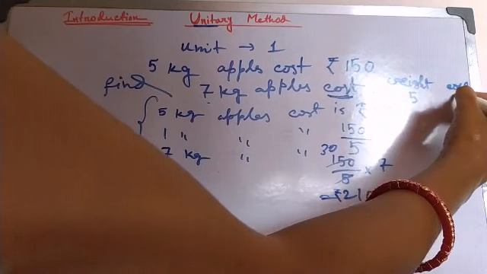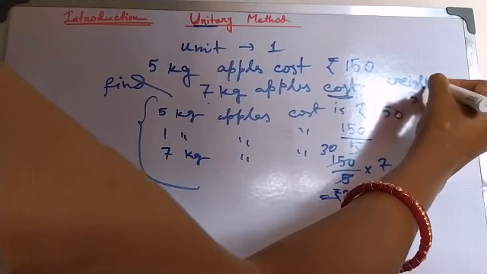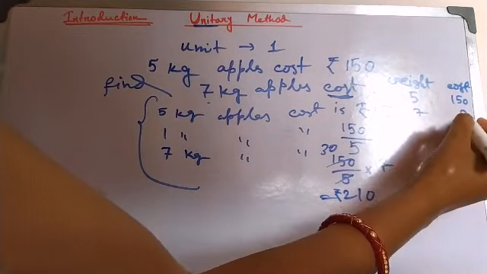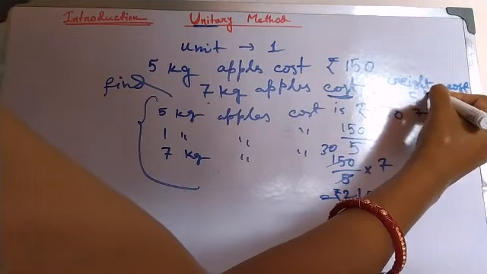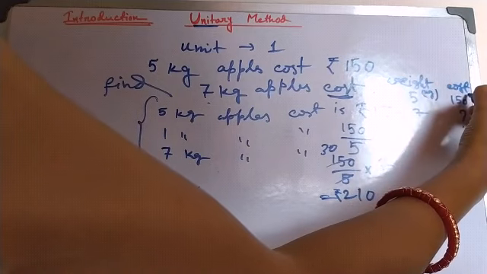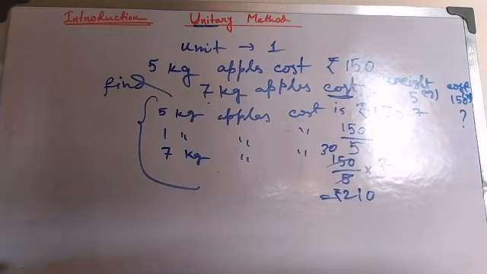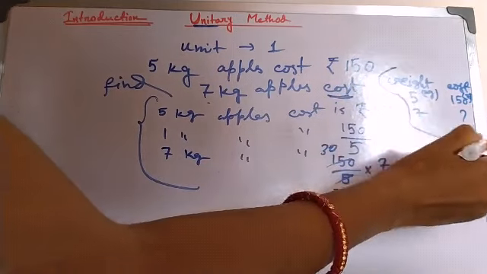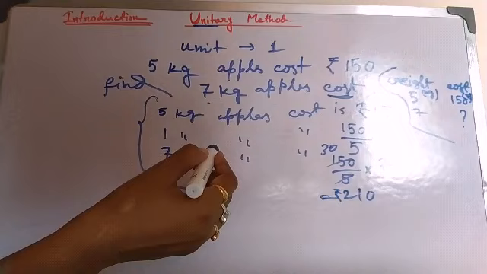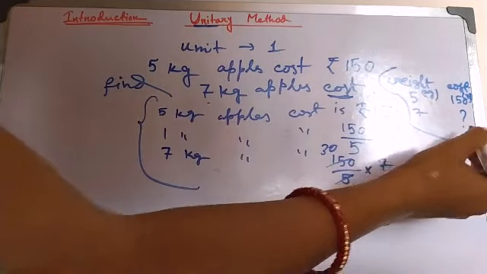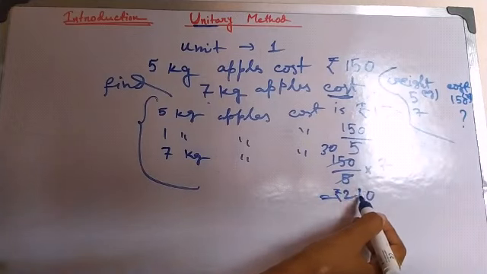Weight is 5, cost is 150 and this is 7, and we have to find out the cost. Kg we can put inside the bracket, and rupees also inside the bracket. We make this chart before doing the sum, then we can easily find the answer. What we have to find out should be on the right side.